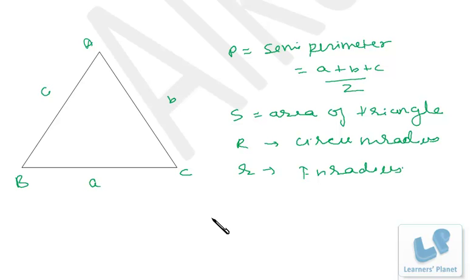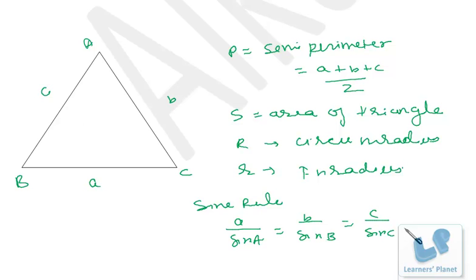Now certain formulae or concepts you need to keep in your mind. The first thing is the sine rule, right? The sine rule is a/sin A is equal to b/sin B is equal to c/sin C is equal to 2R.